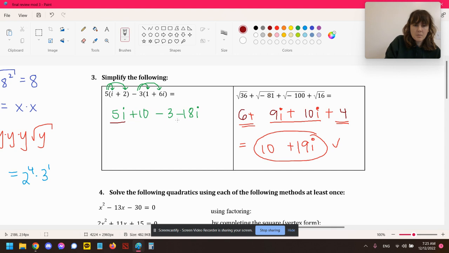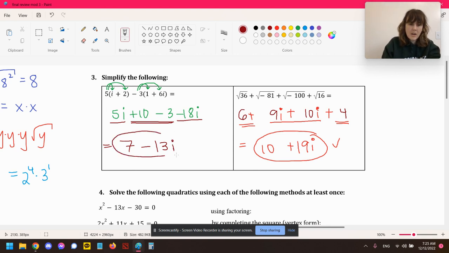And now we collect like terms. We've got a couple numbers by themselves. Let's make that 7 look like a 7. And then we've got some i terms that can combine as well. So 5 minus 18 is negative 13, and there were i's in the back, so we'll keep the i's in the back.